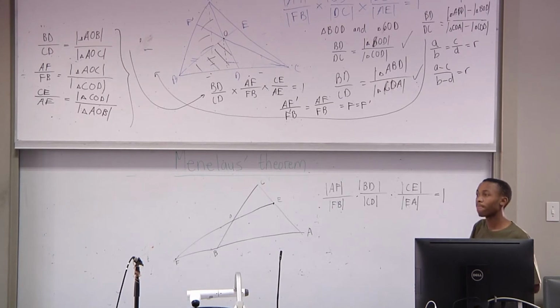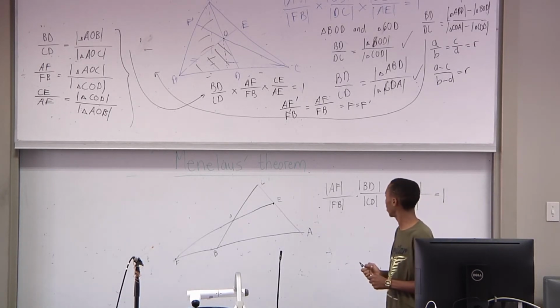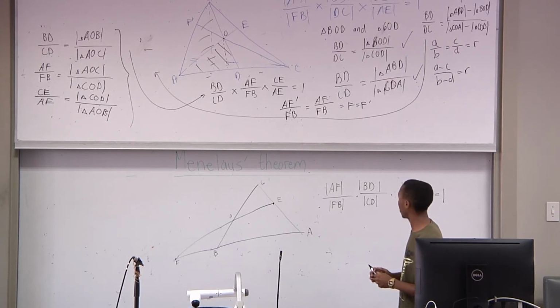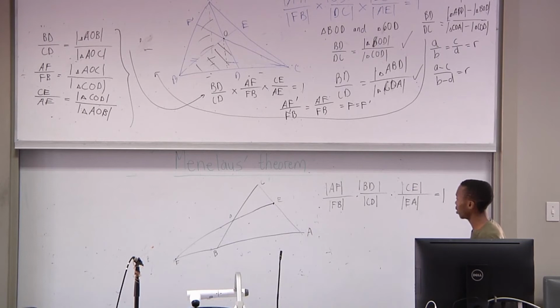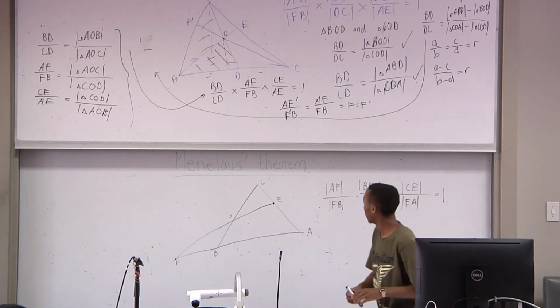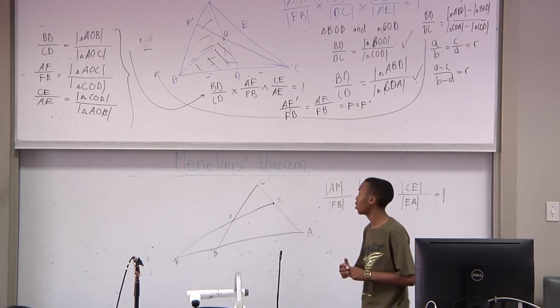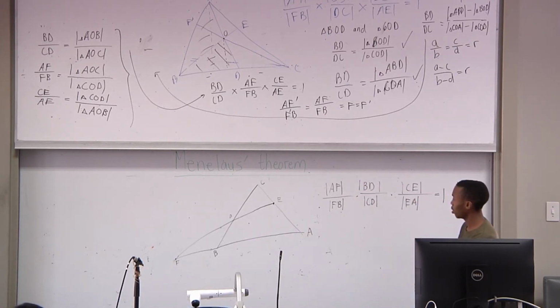Isn't the first one AF? Is it AB? No, it's AF. They just multiply together to get one, so the order doesn't matter. Sorry, shouldn't the first one be AB over BA?